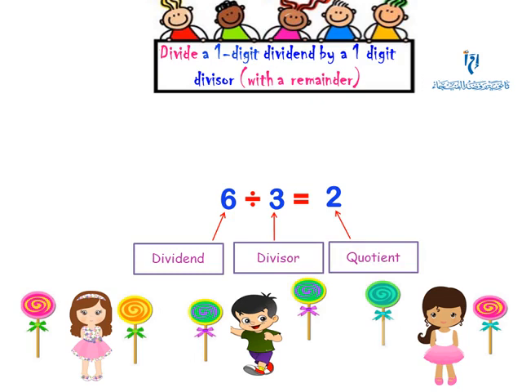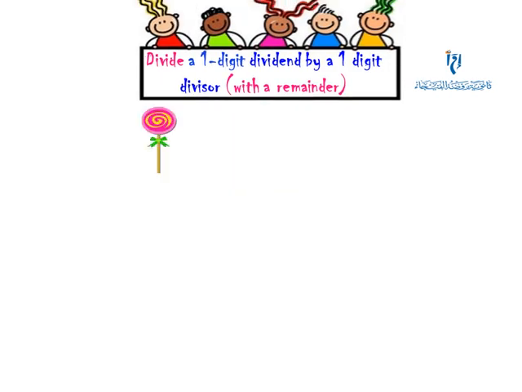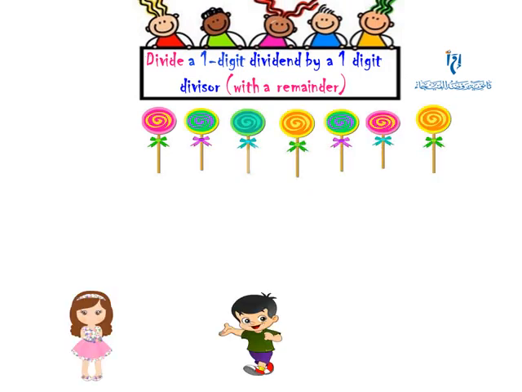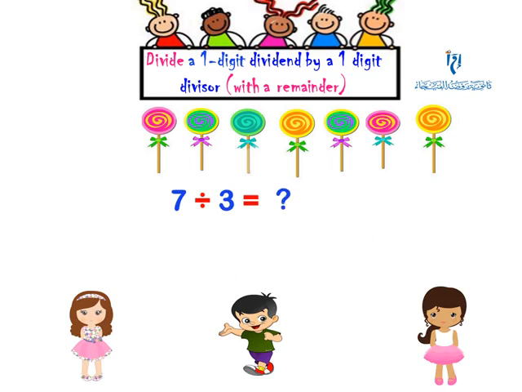Now what if the number we are dividing is not a multiple of 3, like 7? Let's say you have 7 lollipops instead and are still distributing equally among 3 kids. So our division problem this time is 7 divided by 3.